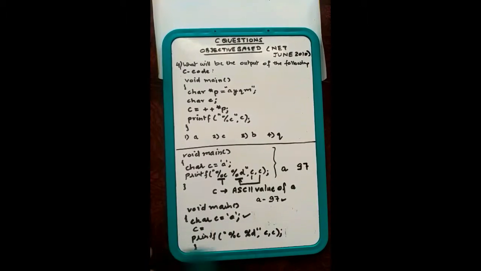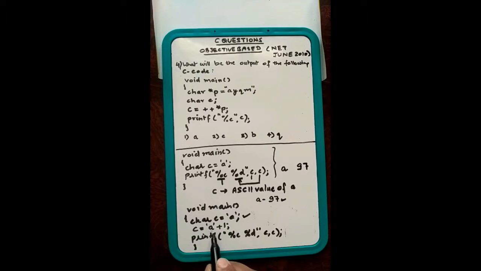If I write the statement like this, c is equal to 'a' as a character plus 1, then it will also print the same output as the previous one. Why? Because it is saying assign to c the value of character a plus 1.